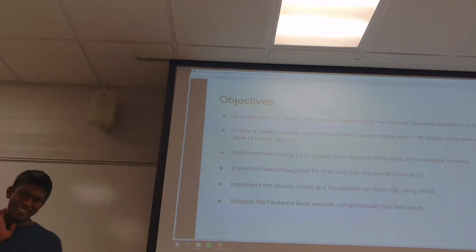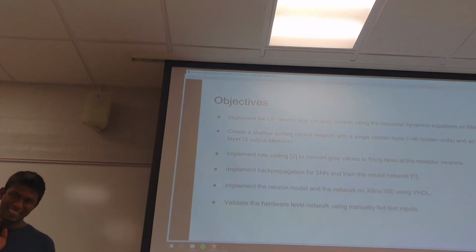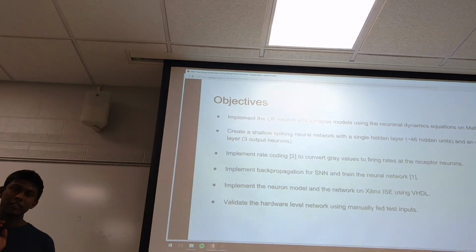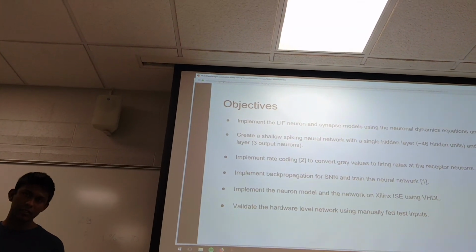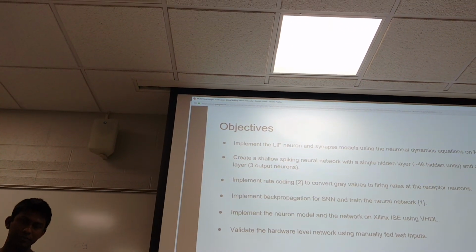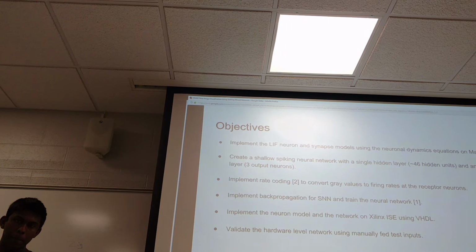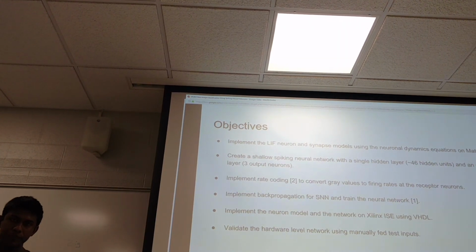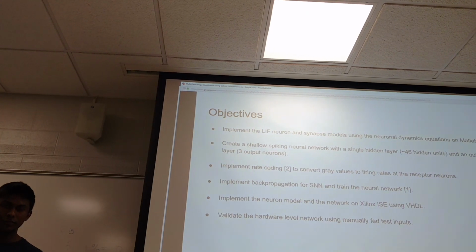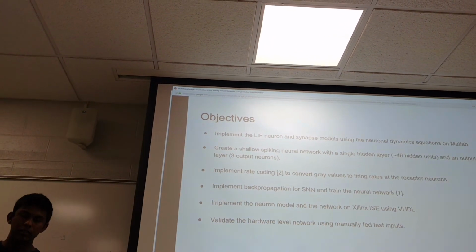If you cannot finish this project, please first implement the leaky integrate-and-fire model. I think that's the more important model. Maybe you can do the training by software, but please do the testing by hardware first.